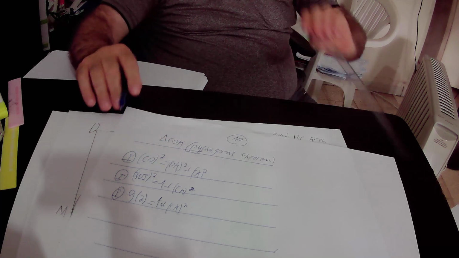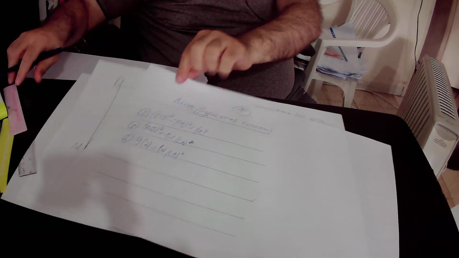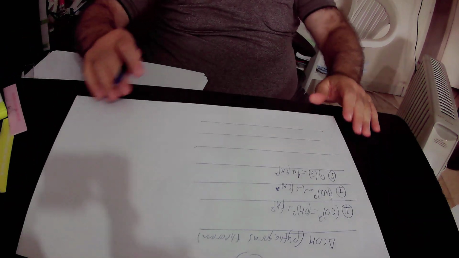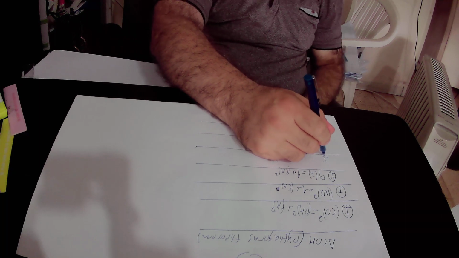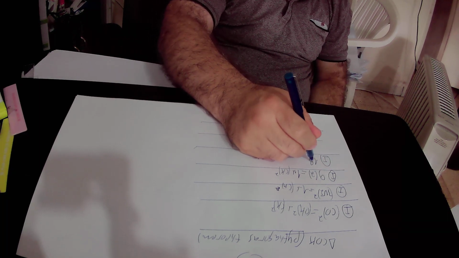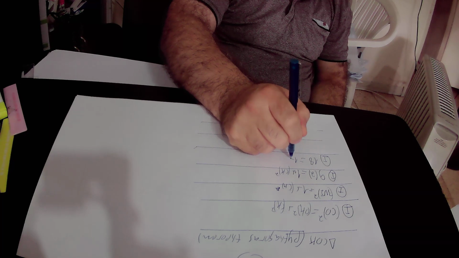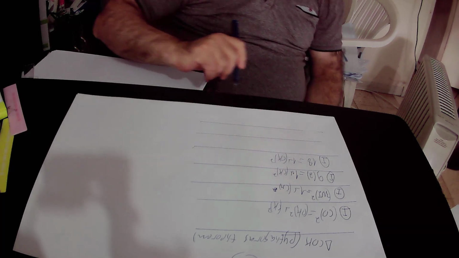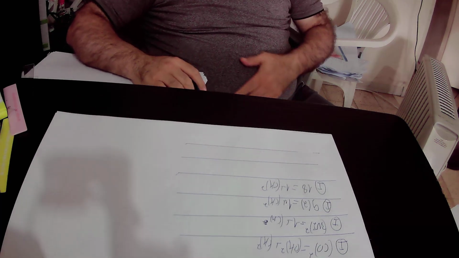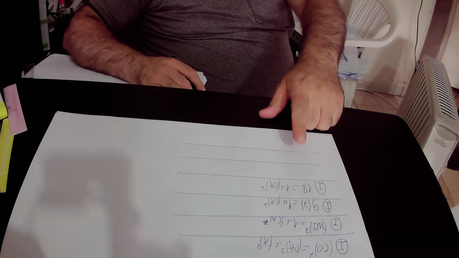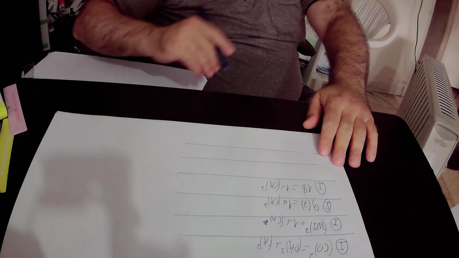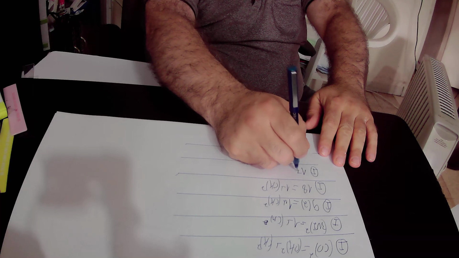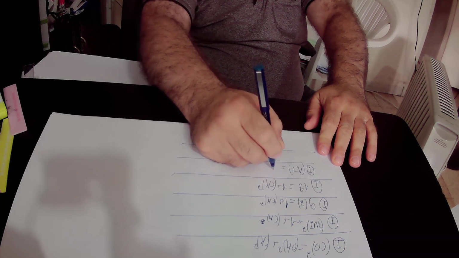So we found out that 18 equals 1 plus CK squared. We will subtract 1 from equation number 1 and we will get that 18 minus 1 is 17. 17 equals CK squared.